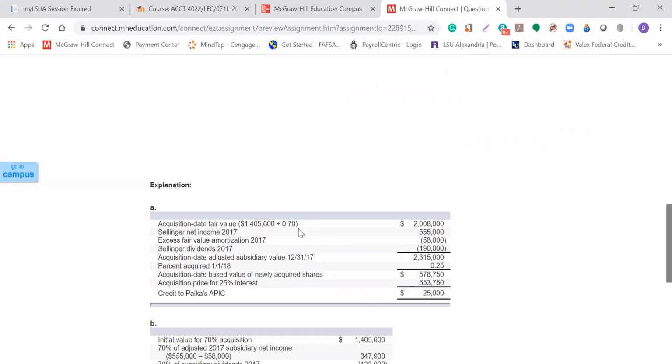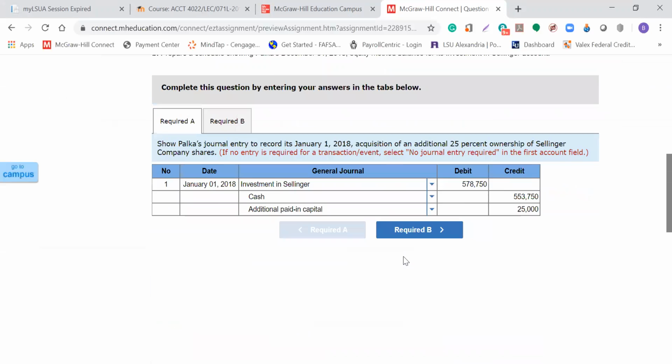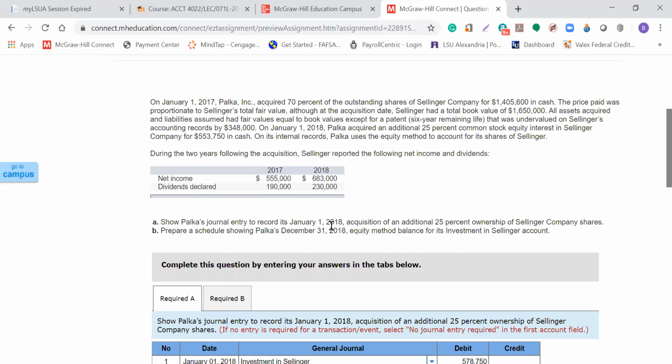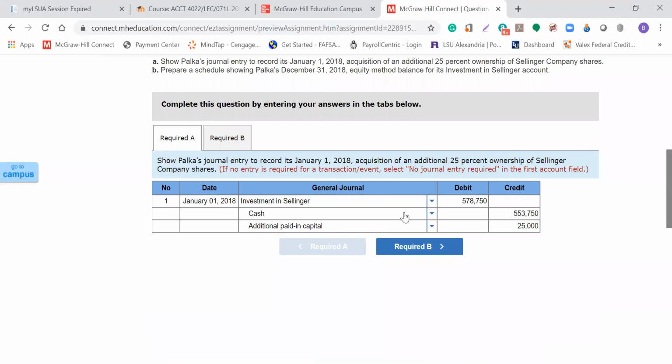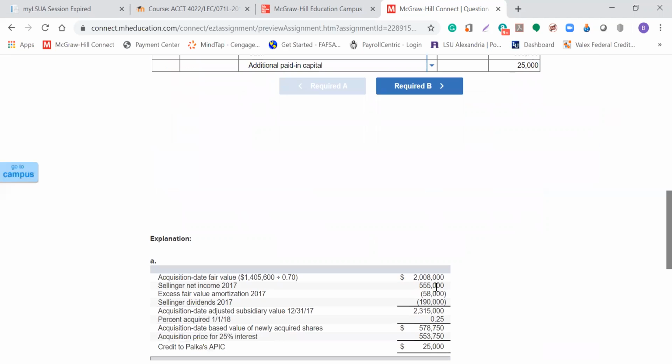And it's important when you calculate these to follow that. That gives you an acquisition date fair value of $2,008,000. Sellinger's net income as of 2017 was $555,000.